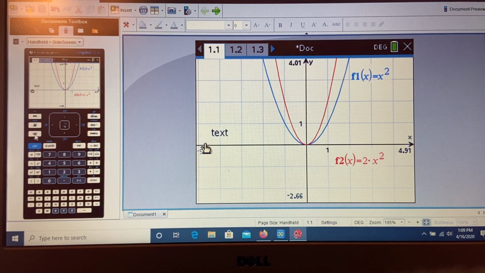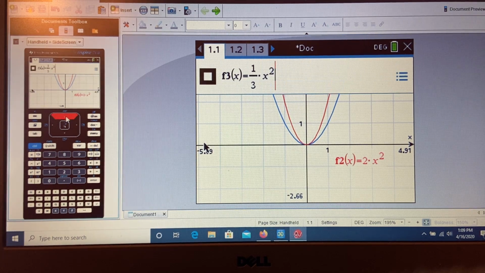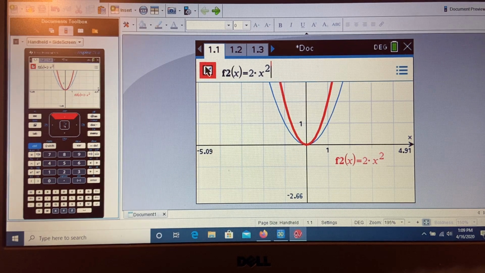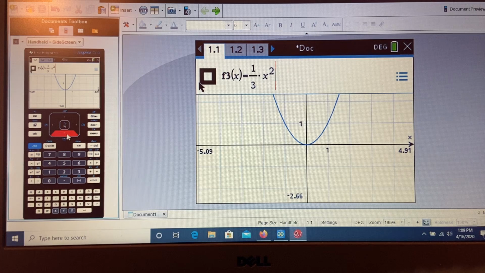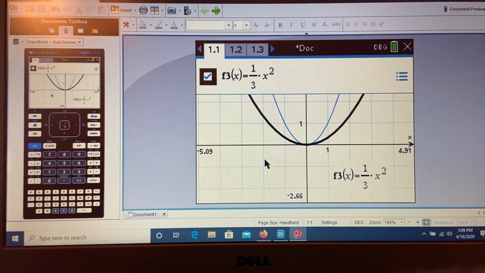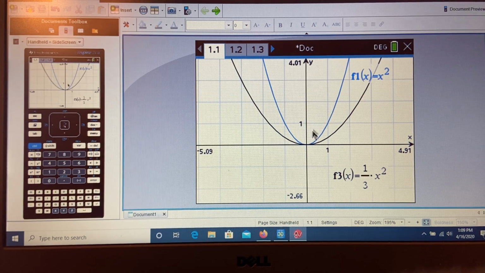So if we look at one that is wider, we know that a number between 0 and 1 makes it wider, so 1/3 would make this graph wider. So it is wider than the parent function. So instead of going over 1, up 1, we would have to multiply that 1 by 1/3, so it goes over 1 and up 1/3.